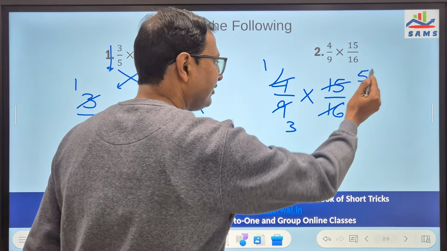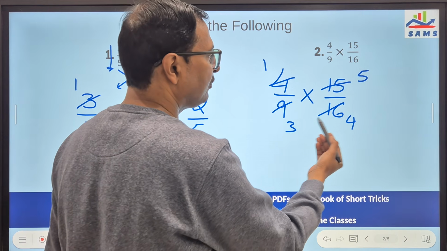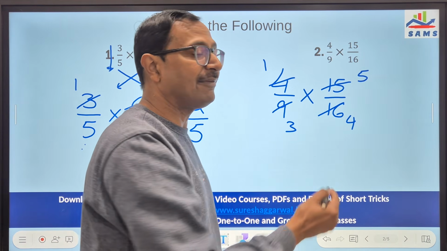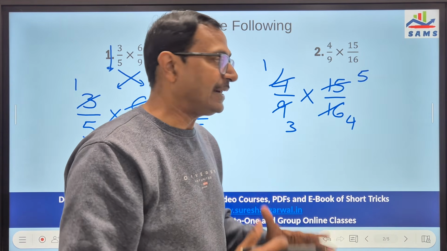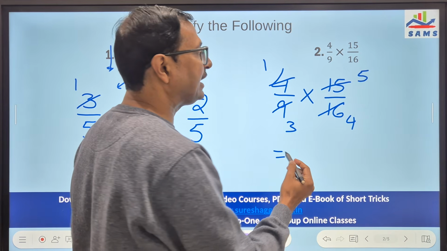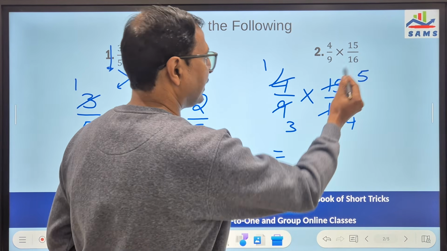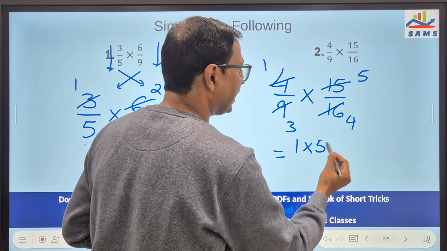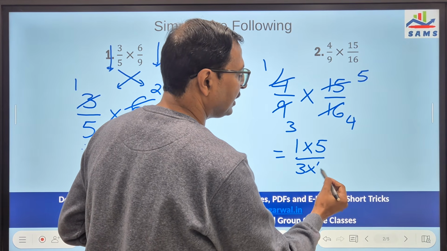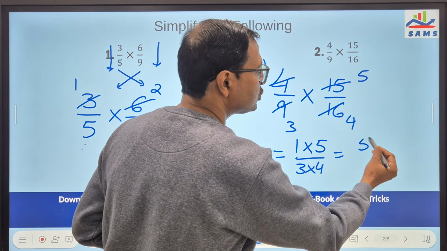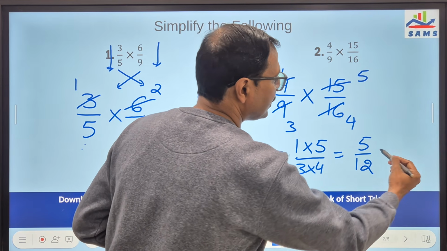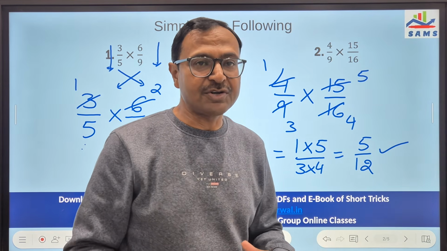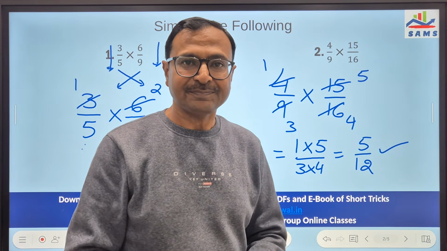And now 1, 5, 3, 4, they do not have any common factor now. And so what remains will give me my final answer, which is 1 times 5 in the numerator and 3 times 4 in the denominator, and that reduces to 5 upon 12, which is the simplified version of this answer.